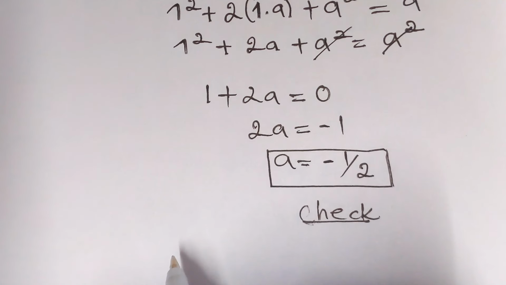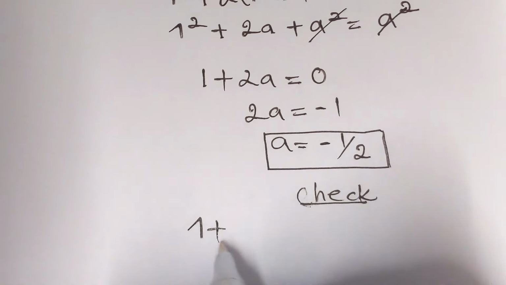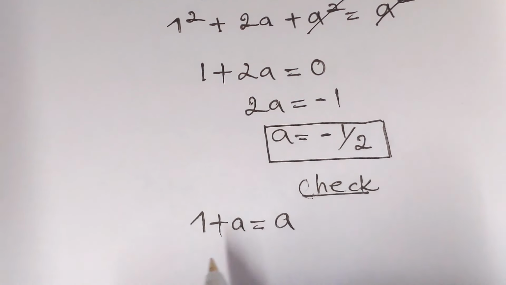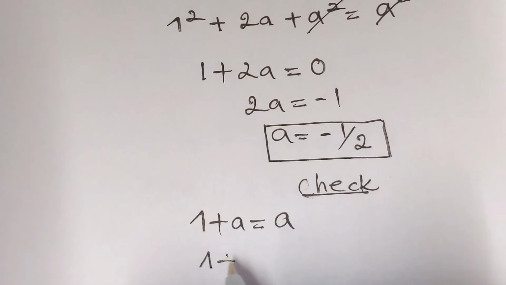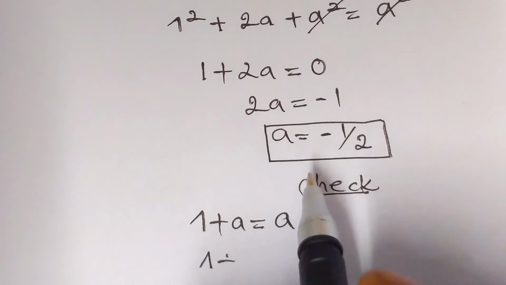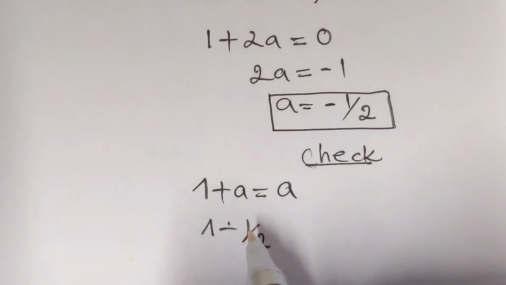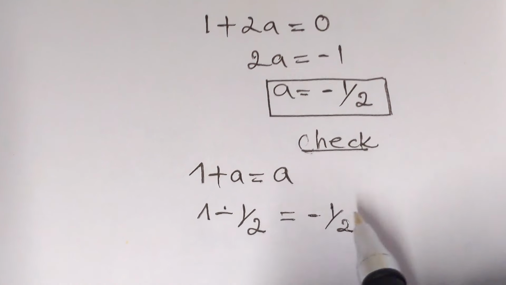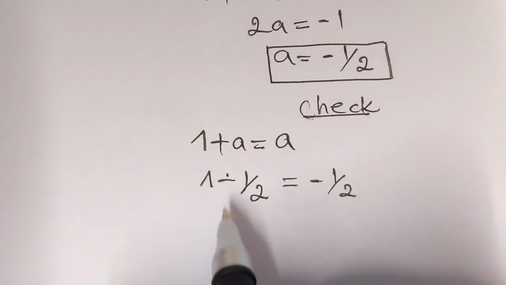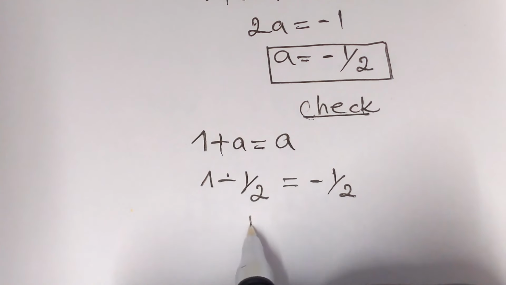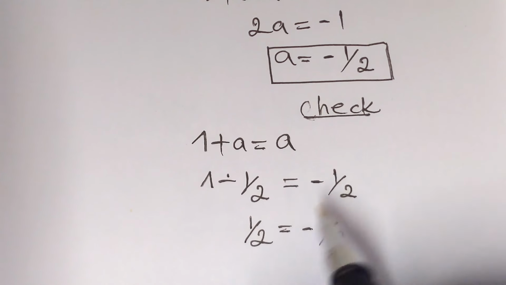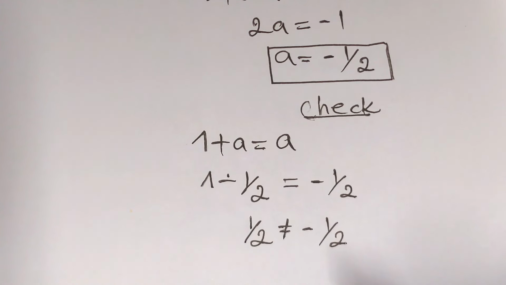And of course, we have given 1 plus a equals to a. And this will be 1 minus 1 over 2, because a is equal to negative 1 over 2, which equals to negative 1 over 2. 1 minus 1 over 2 is equal to 1 over 2, which is equal to negative 1 over 2, and it does not equal.